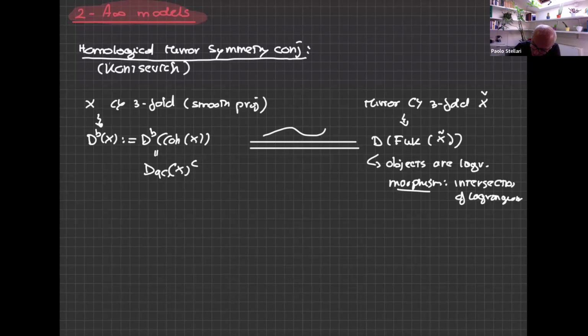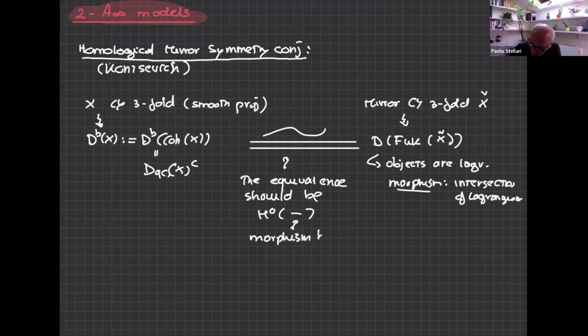Actually, more should be true. So this equivalence should be H0 of some morphism between the enhancements of DbX and the Fukaya category of X check.